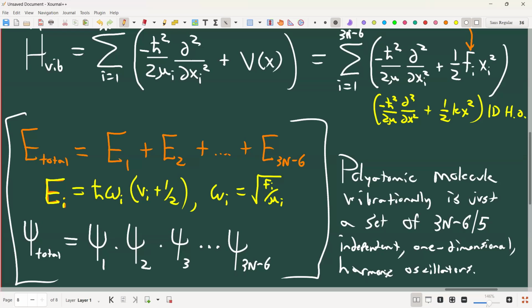In fact, the Hamiltonian itself is also diagonal. It's only dependent on x sub i. This is something that comes up a lot in quantum mechanics. In fact, every operator that we measure in quantum mechanics is square, typically positive definite, and symmetrical. They all can be represented this way.